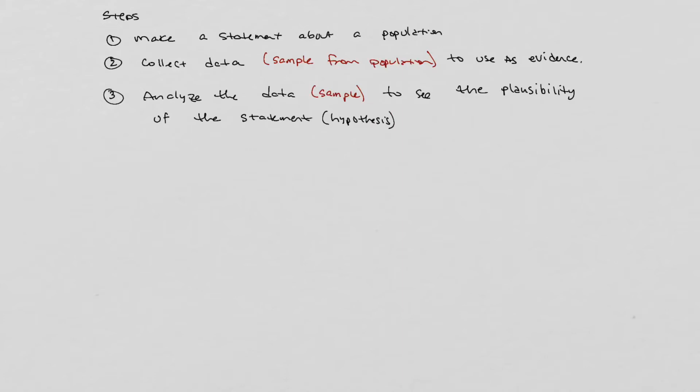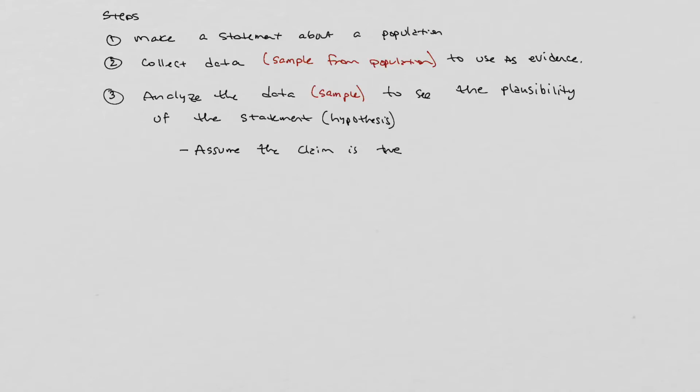All right, so here's how we're going to actually test this out. The first thing we're going to do is assume the claim is true. So when we're collecting our data, we're not going to have any preconceptions at all. We're just going to say, okay, let's check and see if your claim actually does work.